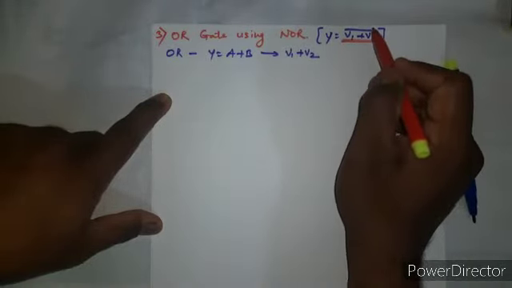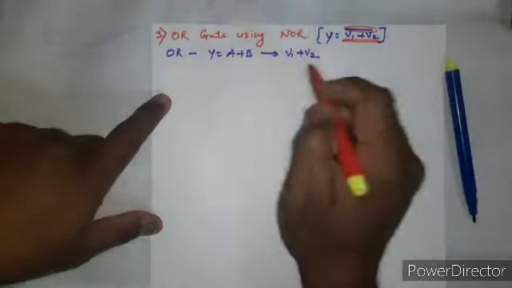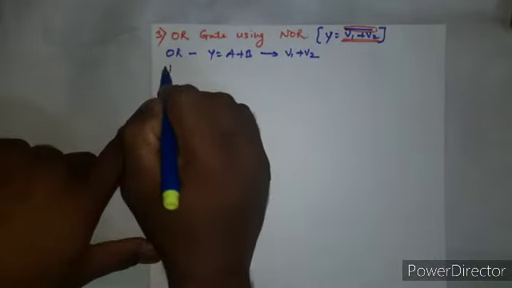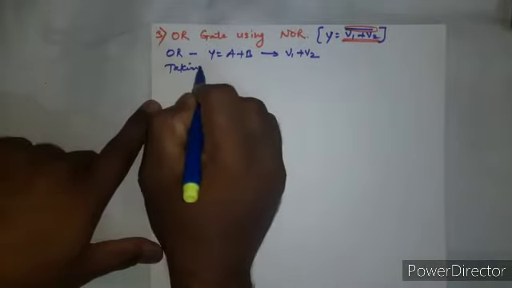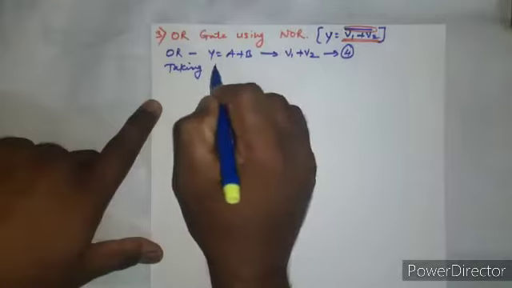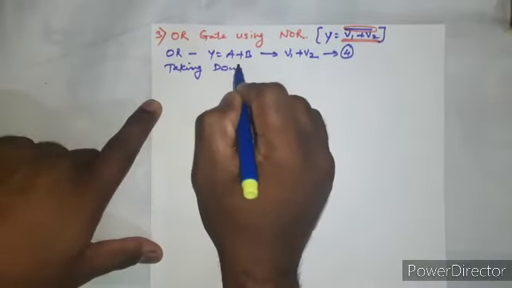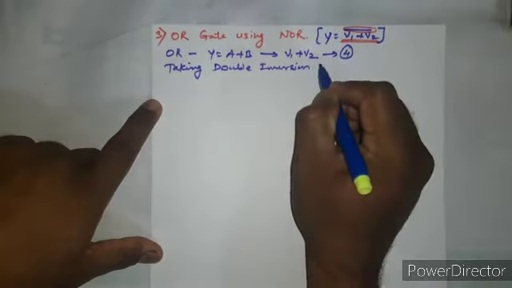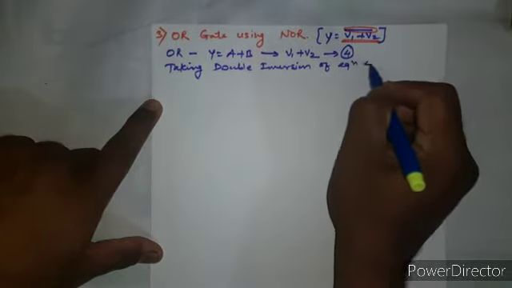Now we need to just add this bar without changing the meaning. Let's consider this as equation 4, and take double inversion of equation 4.